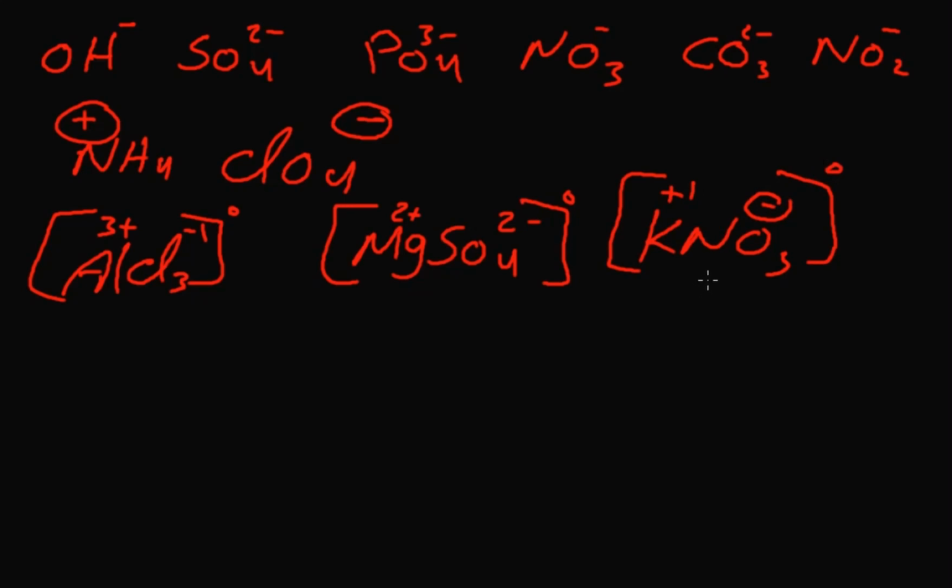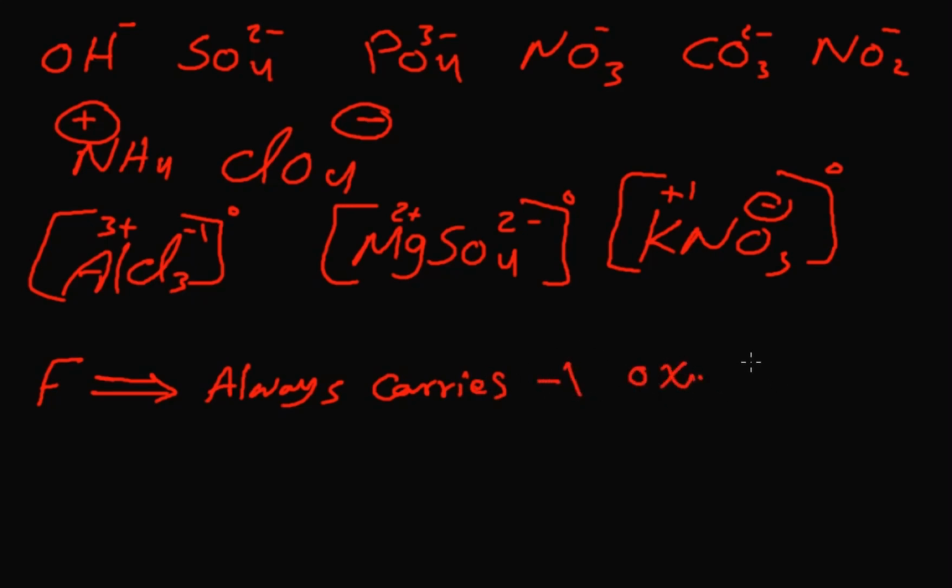Okay. So another rule here is fluorine atom always carries -1 oxidation state, no matter what element. Let's see.